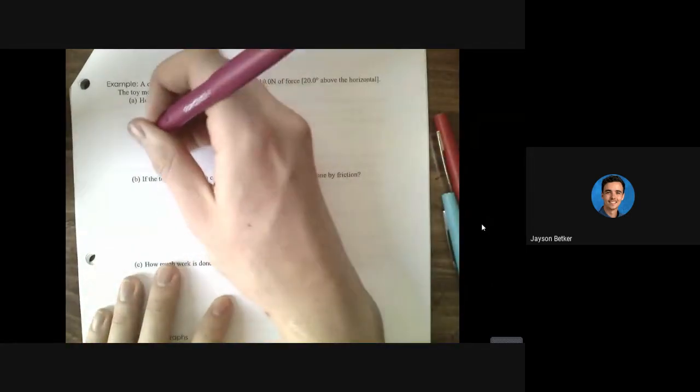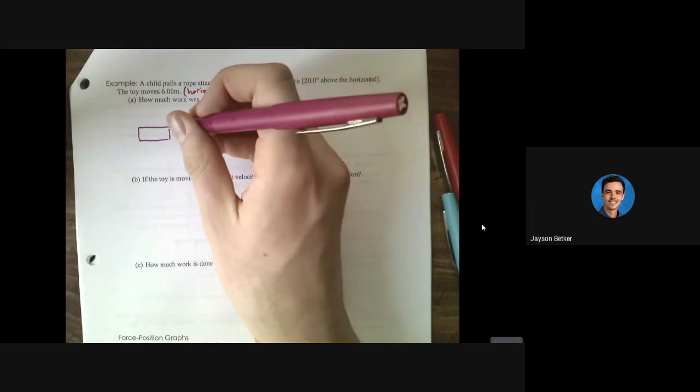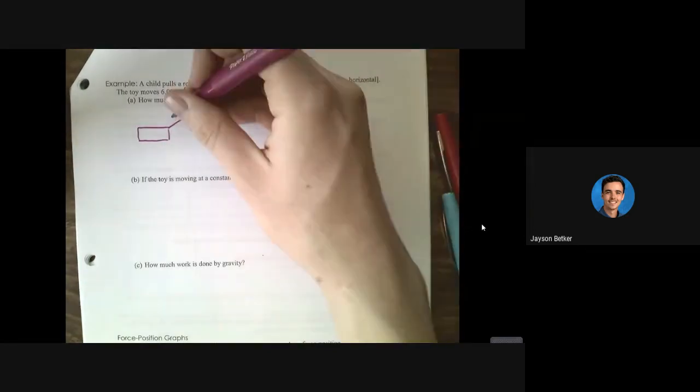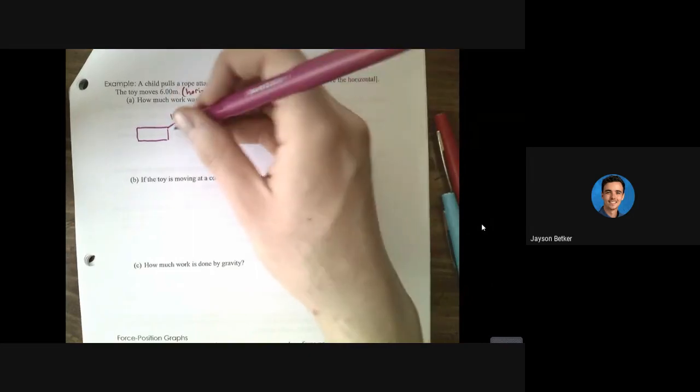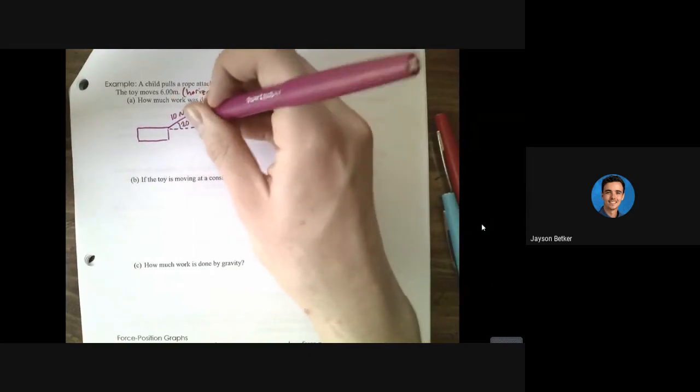So, pretty interesting looking toy, just a little box. Okay. And the child pulls on it like so with 10 newtons of force at 20 degrees above the horizontal.